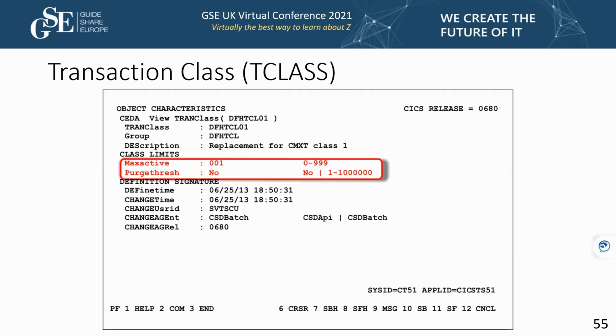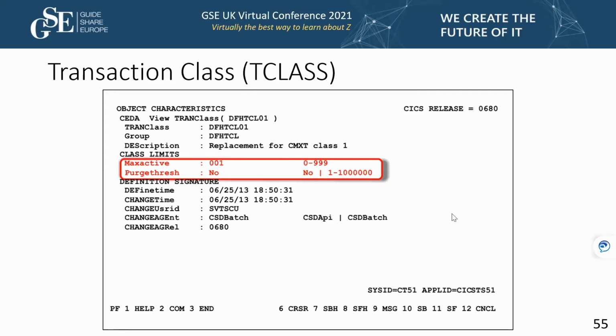In real life, I never set purge threshold to 0, because what that says is I will allow an unlimited number of people waiting to get into this class. And there's always a risk. You never really want to do this. No matter what value you pick for purge threshold, you should have a value in there.